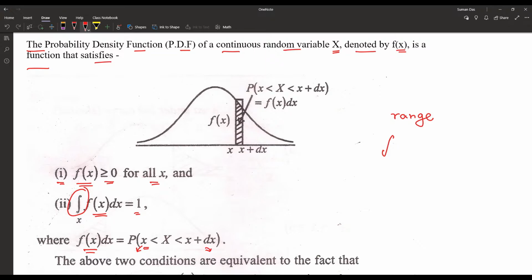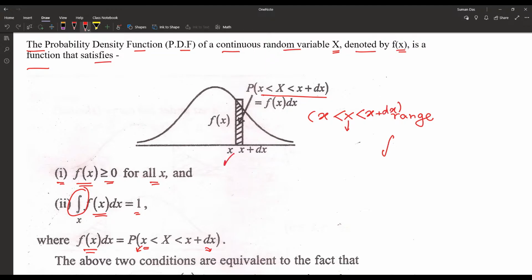If we look at the density curve given here, from our previous video, we can see that is our range. That means x, our random variable capital X, is less than x plus dx.